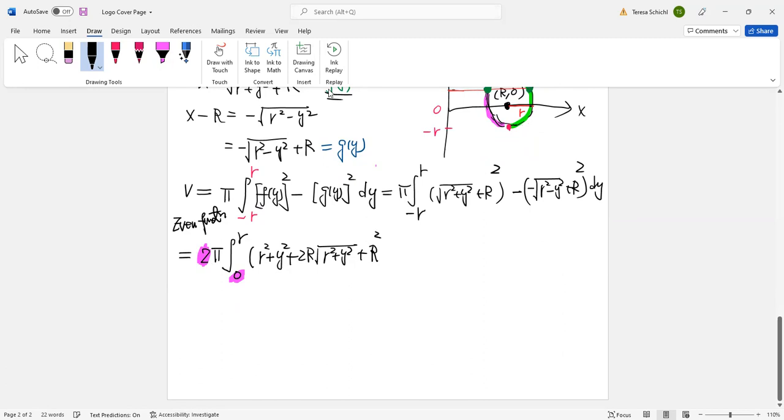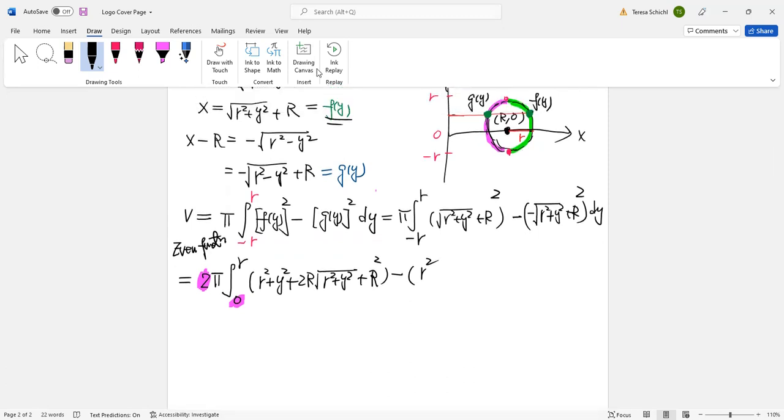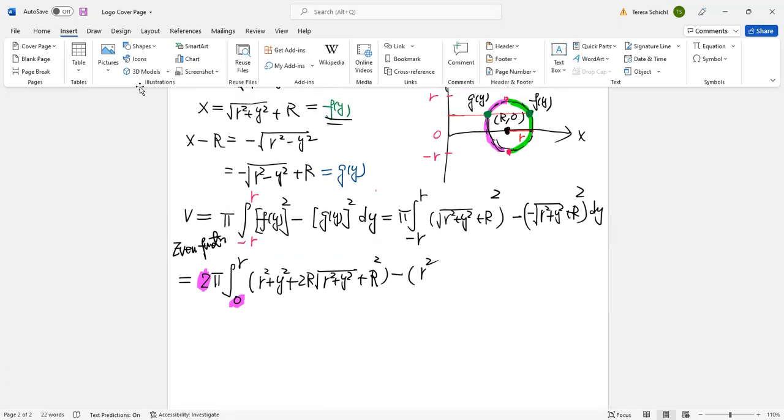That's right, capital R squared. And then minus here. Still you just FOIL it. Sorry, this is a plus.